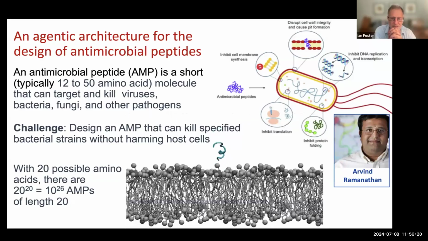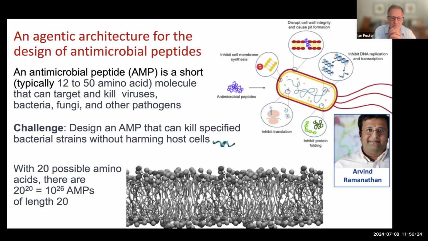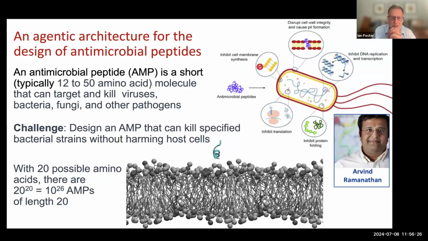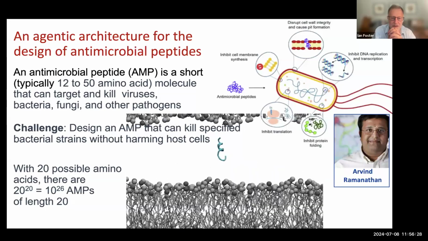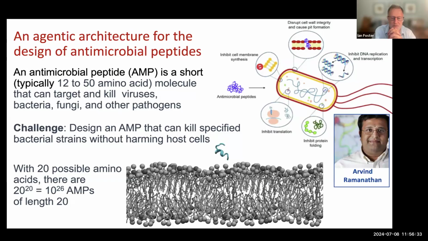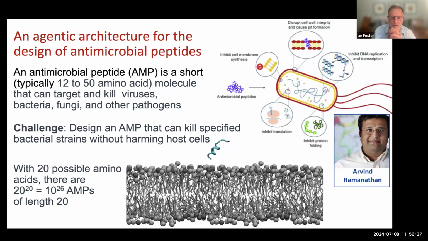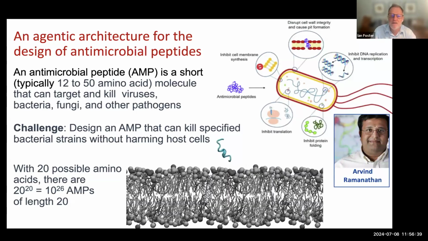Obviously, it's a very complex problem. There's a huge variety of potential antimicrobial peptides, and there are many different ways in which one of these little things can interact with a host cell in particular. So it's an interesting scientific problem and an engineering problem as well.